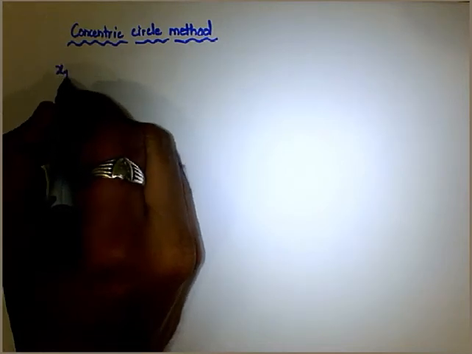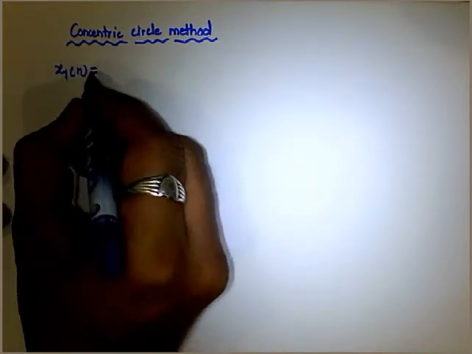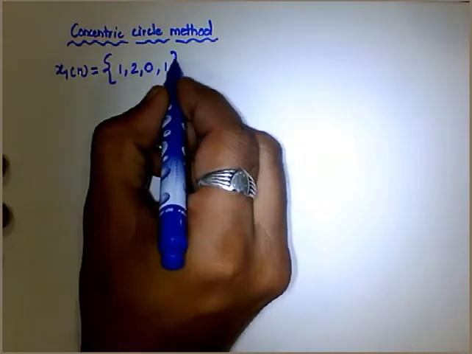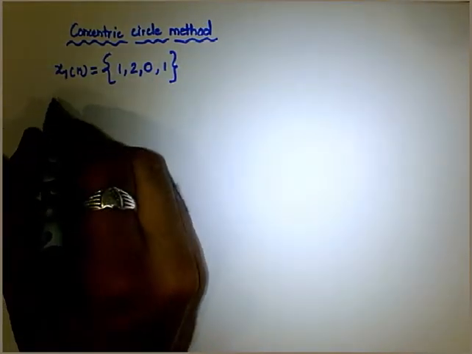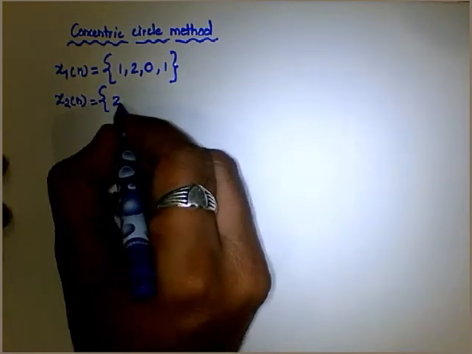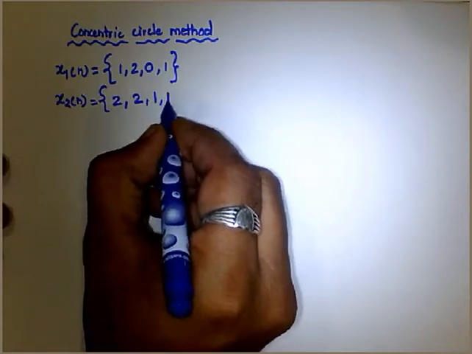Let's say the first sequence with us, that is x1 of n is equal to 1, 2, 0 and 1. This is the first sequence. Let's say the second sequence is nothing but 2, 2, 1, 1.